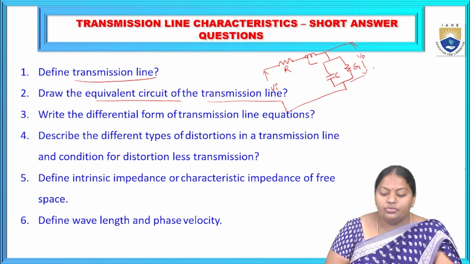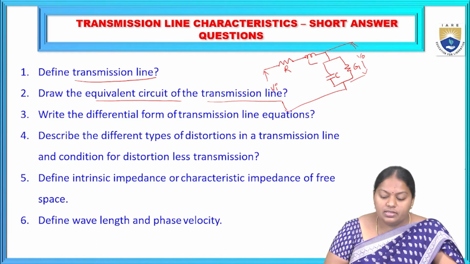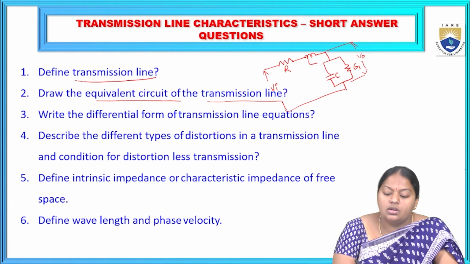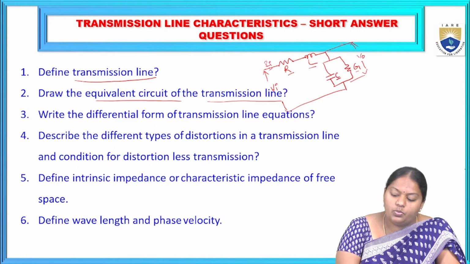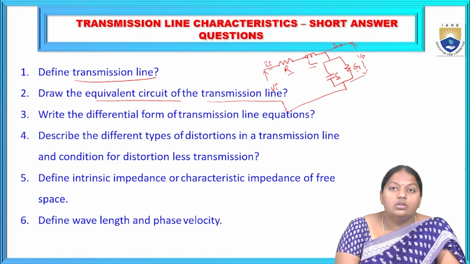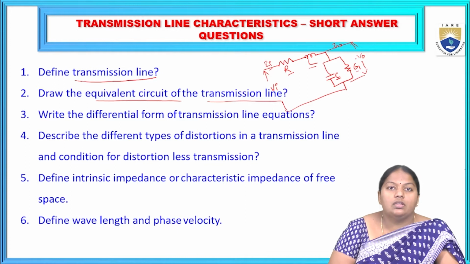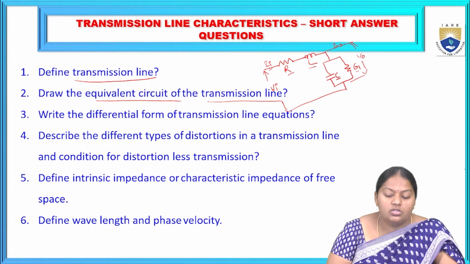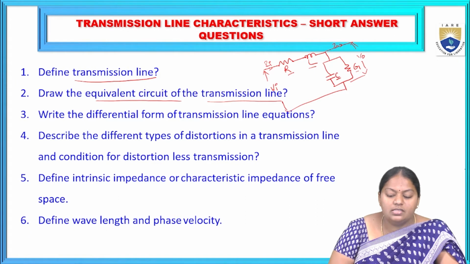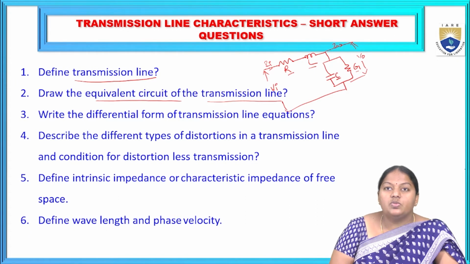Basically, it consists of four primary constants: resistance R, inductance L, conductance G, and capacitance C. The current flowing through the input terminals is given by Ii, and at the output terminals it is I0, and at the output side we connect the load resistance RL. Through that, the load current IL is considered. This is the equivalent circuit of a transmission line.